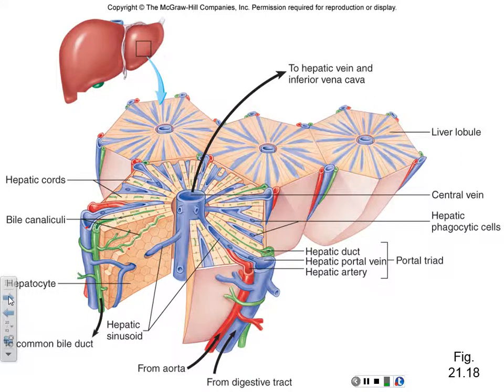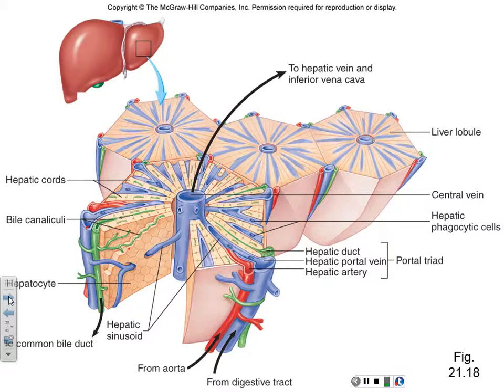But I want you to have a good appreciation of the lobule, the structures that make it up, and what its functions are. Especially the portal triad, because the portal triad distributes blood to the liver, oxygenated blood and deoxygenated blood with nutrients, and the hepatic ducts with the bile canaliculi drain the bile from the liver so that it goes into storage in the gallbladder.